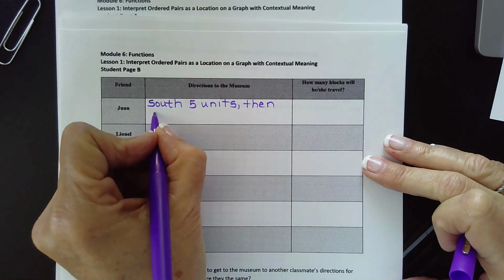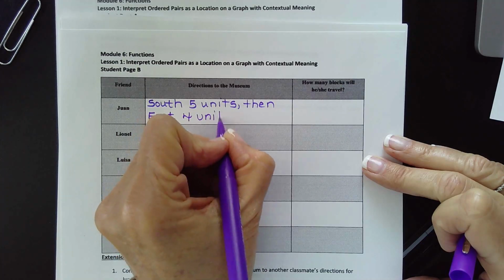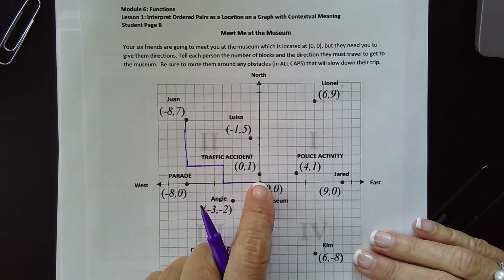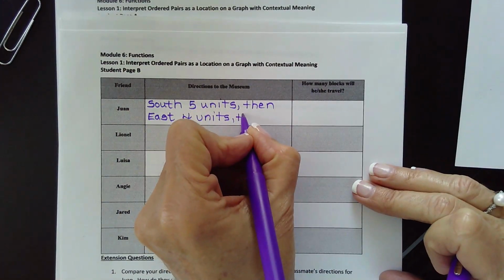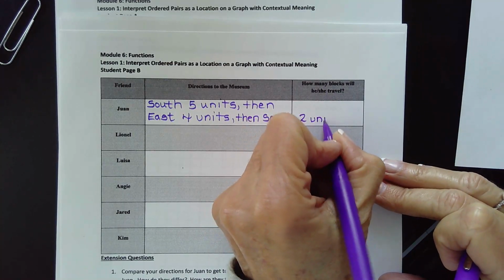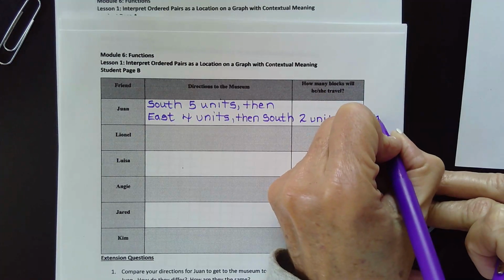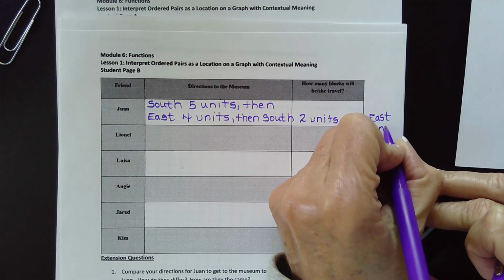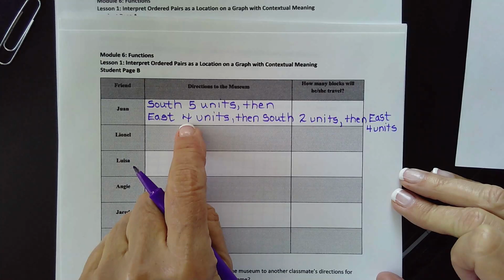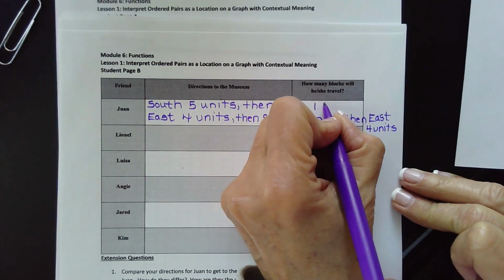Then south 2 units and east 4 units. So when we add that up, how many blocks did he travel? 5 plus 4 is 9, 10, 11, 12, 13, 14, 15. Just what we guesstimated.